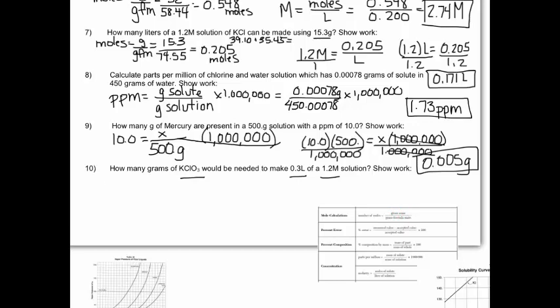We have molarity is equal to moles per liter. Our molarity is 1.2. We're solving for moles, and our volume was 0.3 liters. So to get moles alone, we would multiply by 0.3. And when we do that, we'll get 0.3 times 1.2.